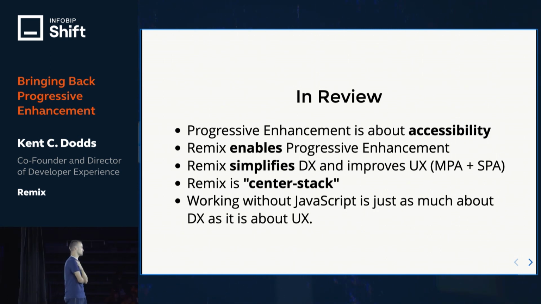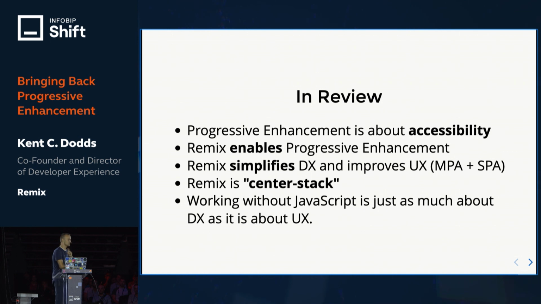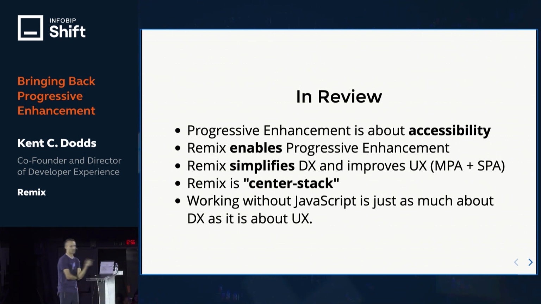Even for those of you who are like, yeah, but my app is behind a login screen, the executive that's using your app and paying millions of dollars for your app is in China and on a bad network connection. They don't want to look at a white screen while they're waiting for your JavaScript to download and render the components. So that's what progressive enhancement is about: improving that user experience.